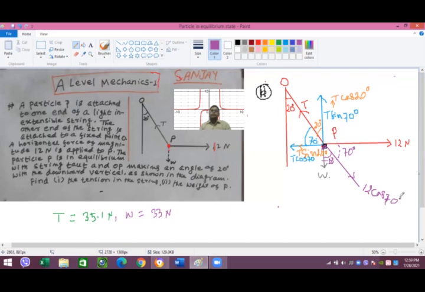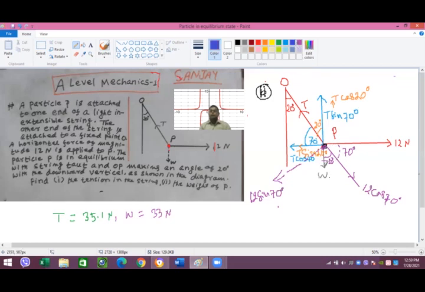All right, and then its vertical component will be somewhere like this. So this is 12 sine 70 degrees.